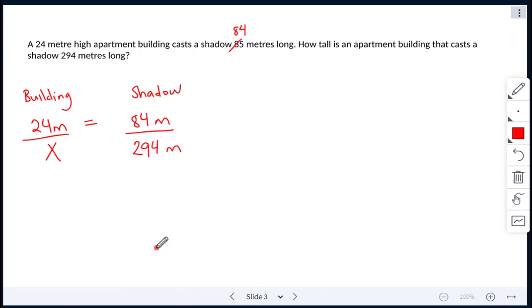All right, so we've set up our ratio, and now we're just going to solve, again, cross multiplication. So we're going to go 24 times 294, and it's going to be divided by 84. All right, so just put that into your calculators and you should get an answer of 84 meters.